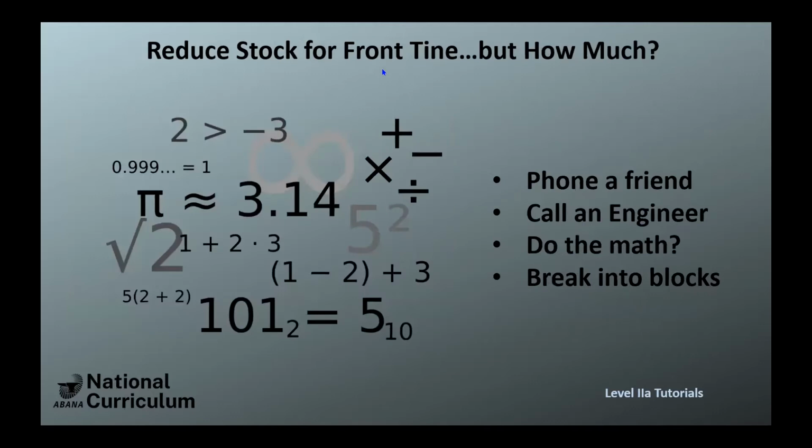So this is everybody's favorite part, the calculations in blacksmithing. I know you all want to blacksmith so that you can do math, and then the fire is just the added benefit. You can either phone a friend or call an engineer, but I'm oftentimes busy. You can do the math, or Victoria did this last month a little bit when she was working on the poker.